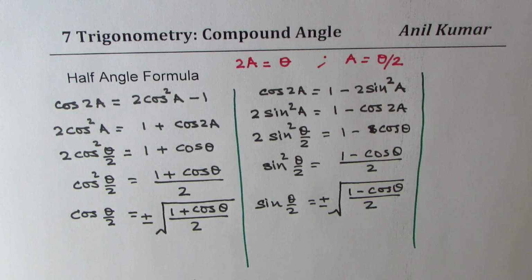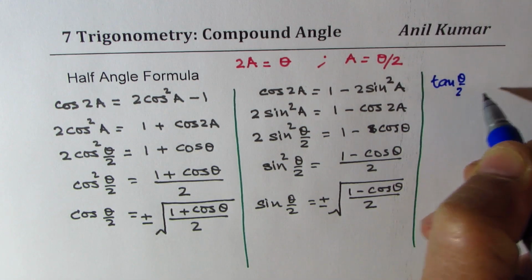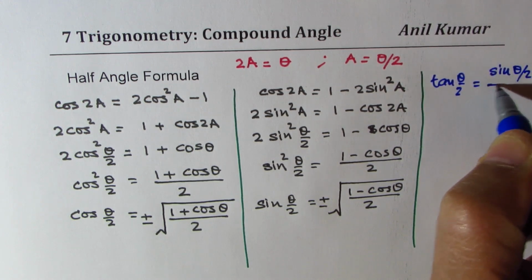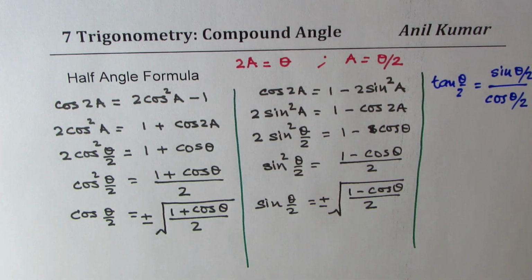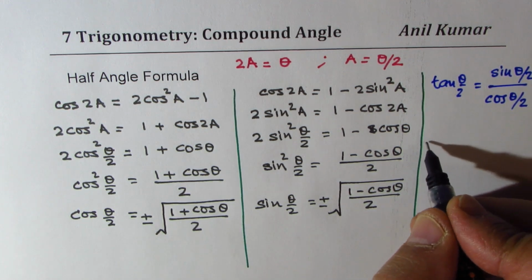Now from these formulas, we can actually derive the formula for tan theta by 2, right? So we could say that tan theta by 2 is equal to sine theta by 2 divided by cos theta by 2. Perfect. So that gives you tan theta by 2 formula. So dividing this term by that, what do you get?